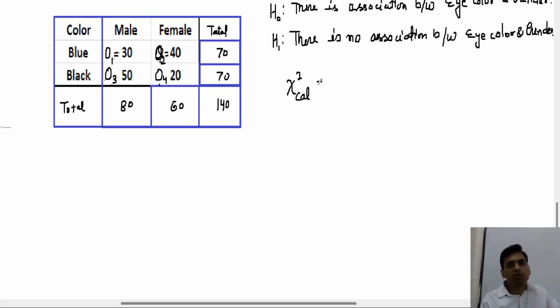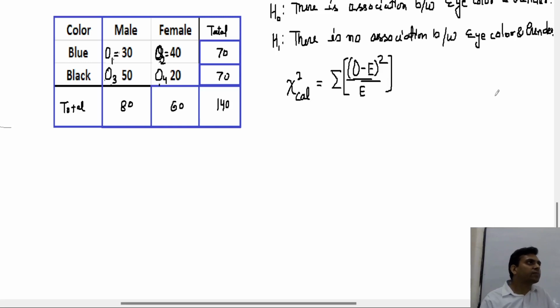Chi-square calculated equals summation of observed minus expected square divided by E, expected value. This is the formula for chi-square.